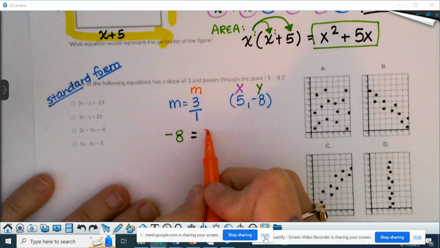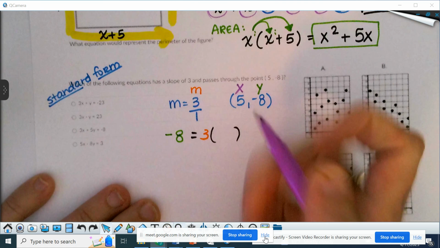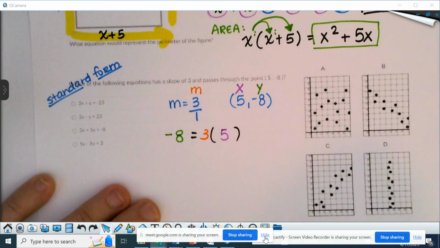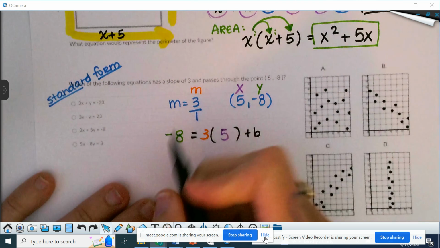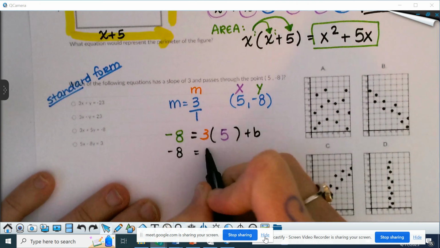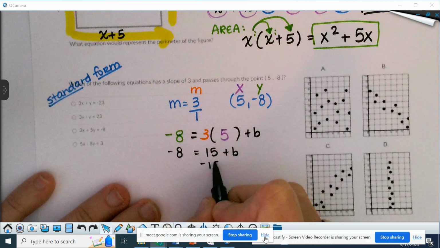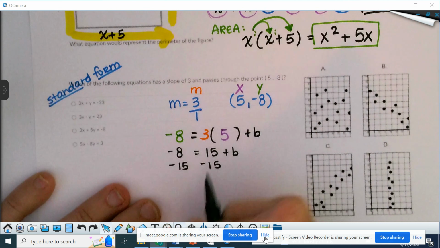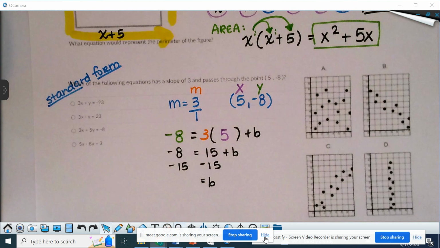Sorry, we have our y. We have our m, and then x, and our unknown would be plus b. So that's going to be a negative 8 equals 15 plus b. We want b by itself, so we're going to subtract 15 from both sides, and b is going to equal 15 plus 8, but they're both negative, so a negative 23.